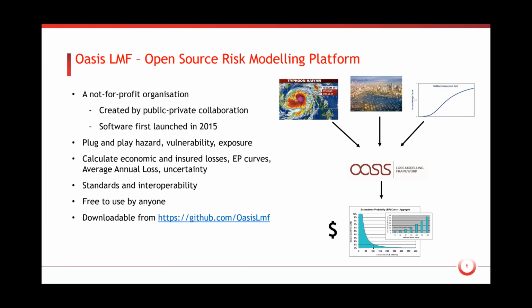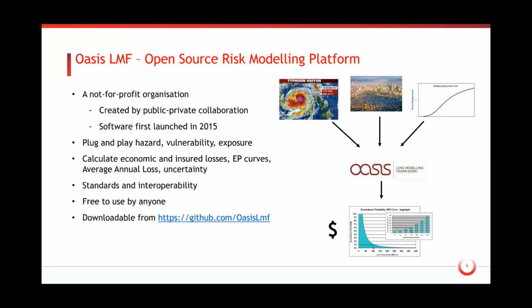And the platform gives the ability to plug and play hazard, vulnerability and exposure into a standardized loss modeling kernel, which calculates economic and insured losses, EP curves, average annual losses, and gives a quantification of uncertainty, which are the metrics required for economic and financial risk analysis and risk transfer.